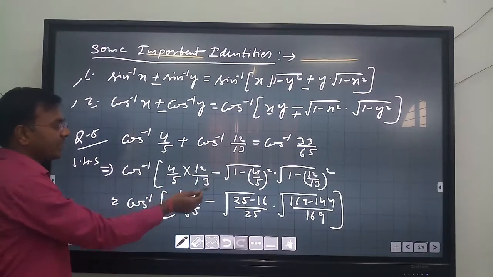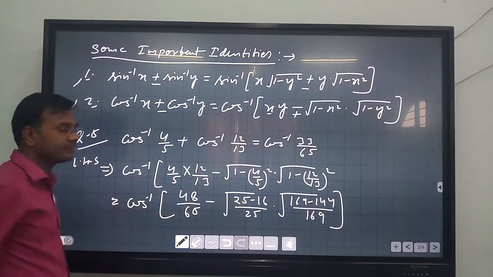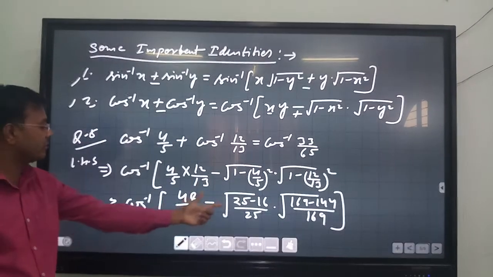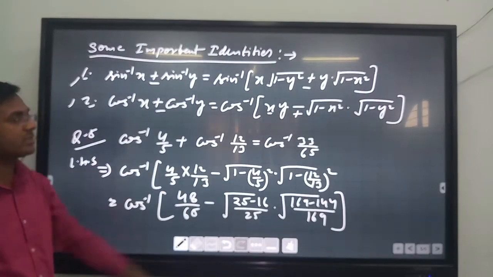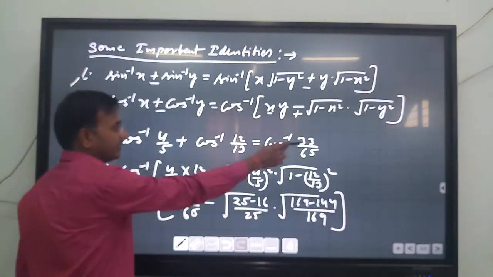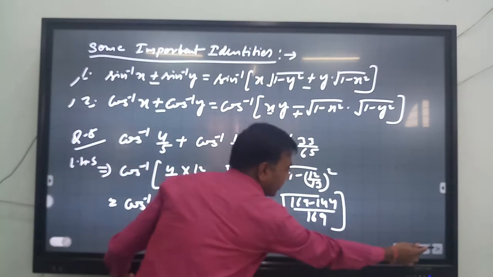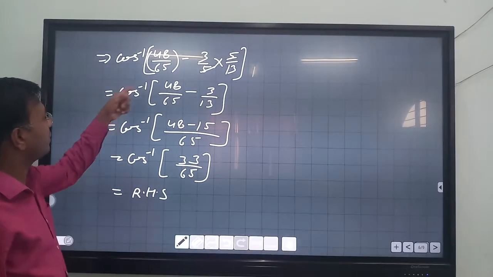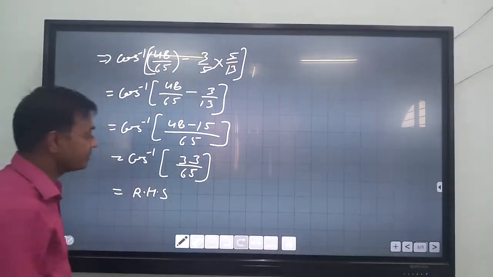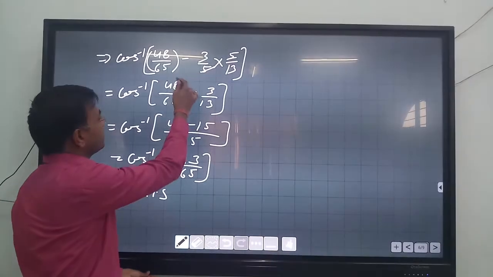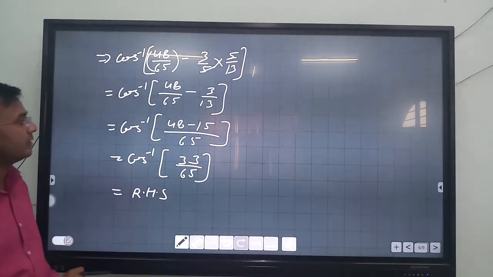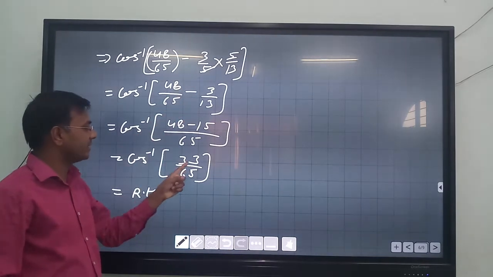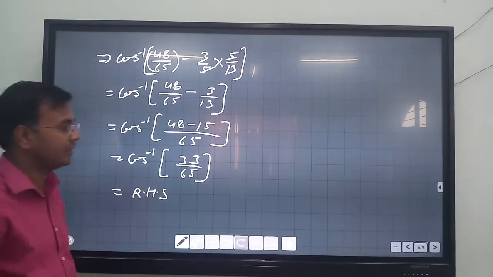Multiplying and simplifying the complete result, you will get the RHS, that is cos inverse 33/65. Take the LCM and all, and you get 33/65, which is the right hand side.